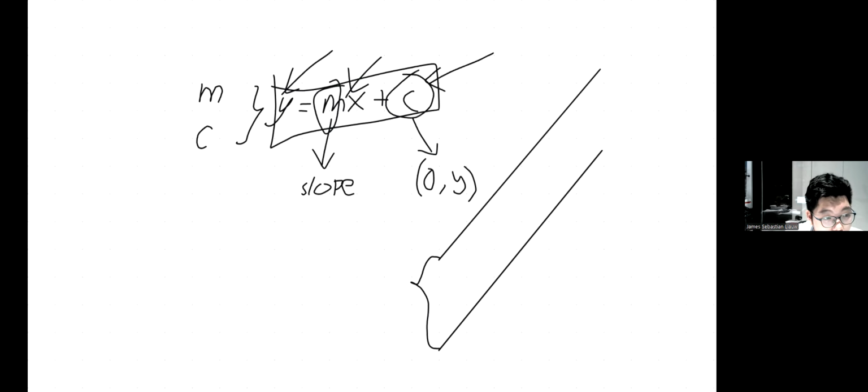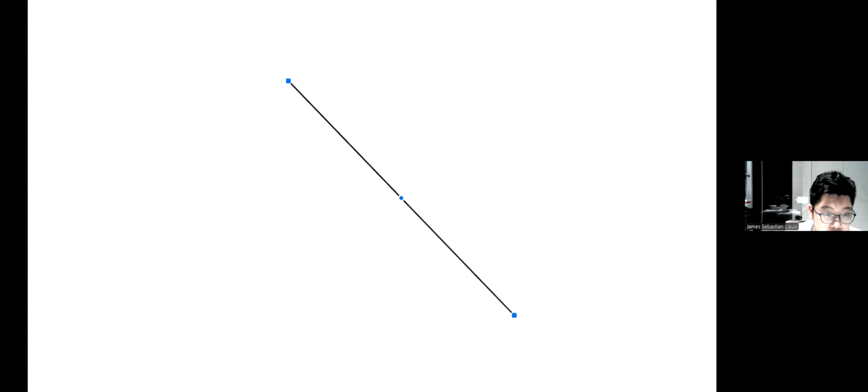For lines that are perpendicular to one another, this is a slightly more advanced concept.